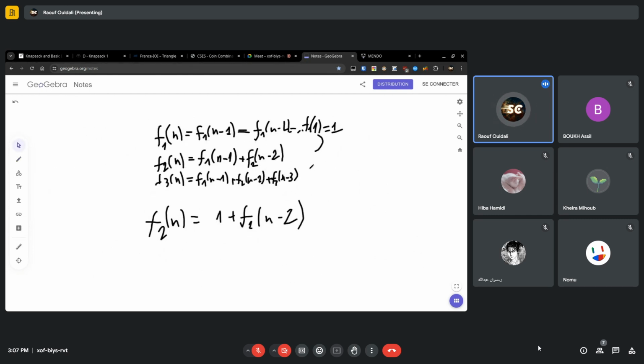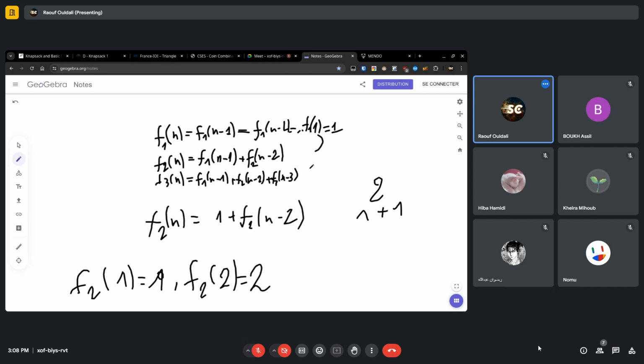Hence, we get that, look, f2 of 1 is equal to 0. f2 of 2 is equal to 1. No, it's equal to 2. Wait. 2, 1 plus 1. Yeah. Okay, this is 1 and this is 2.